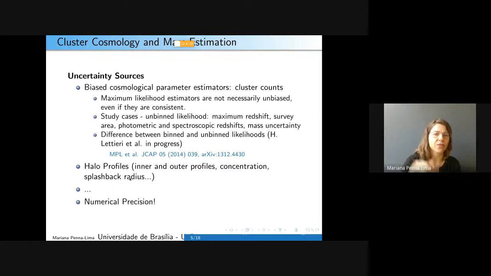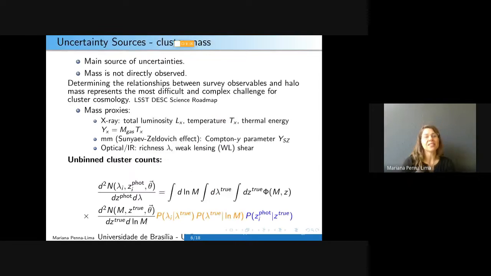So we have a lot of astrophysical information here that is really interesting to explore, not only for cluster cosmology, but mainly for the study of the astrophysics of the clusters themselves. We have to take care about numerical precision, and this is what I'm going to focus on at the end of my presentation. But before that, I'm going to talk about the last uncertainty source, which is the cluster mass.